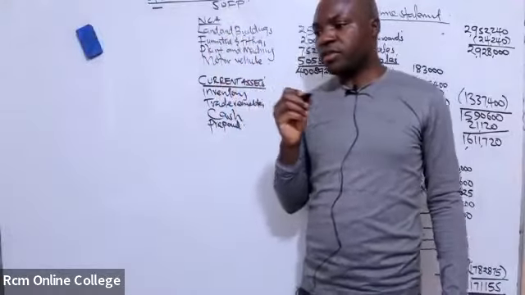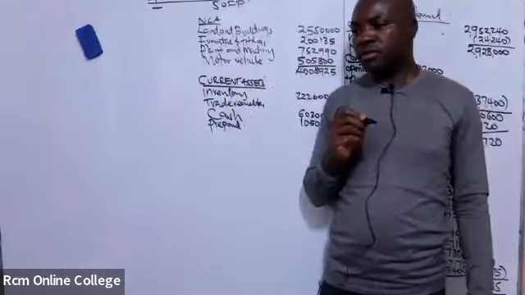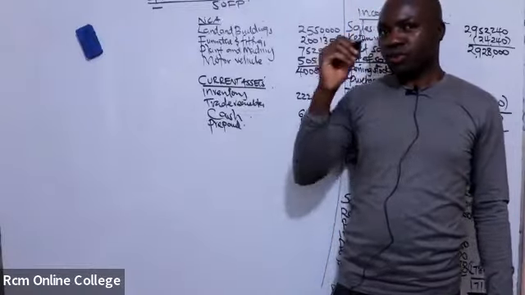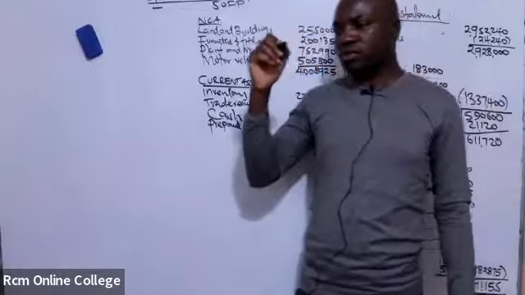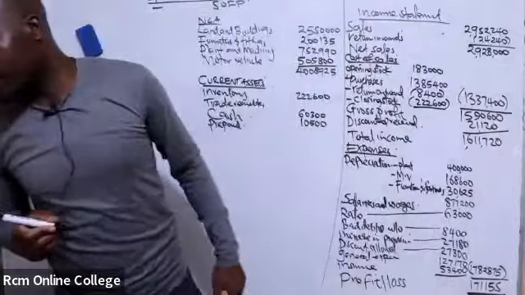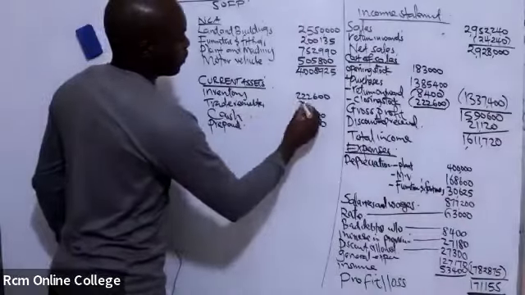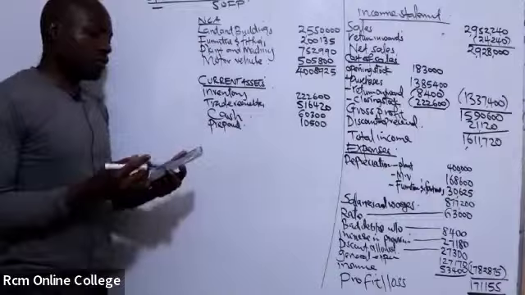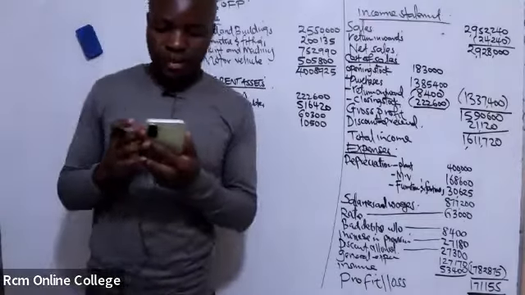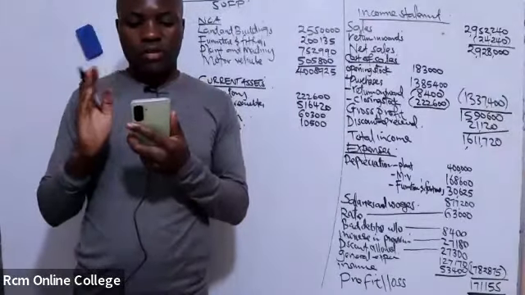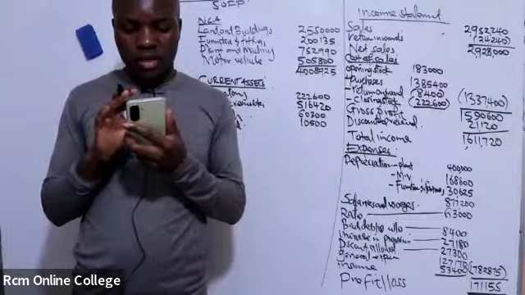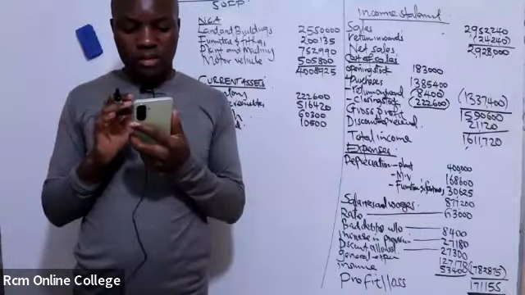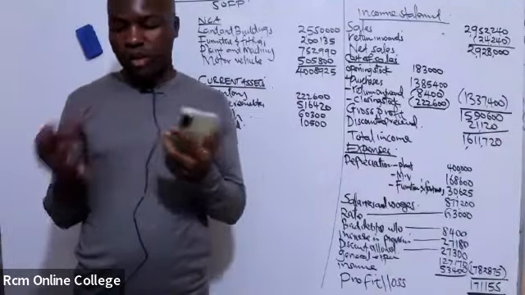Our net trade receivables was somewhere in our workings. 516,420. Good. Do we have any current assets that we have not captured? Let's look at the debit side again. Bank overdraft is a liability. So we have captured all of them.